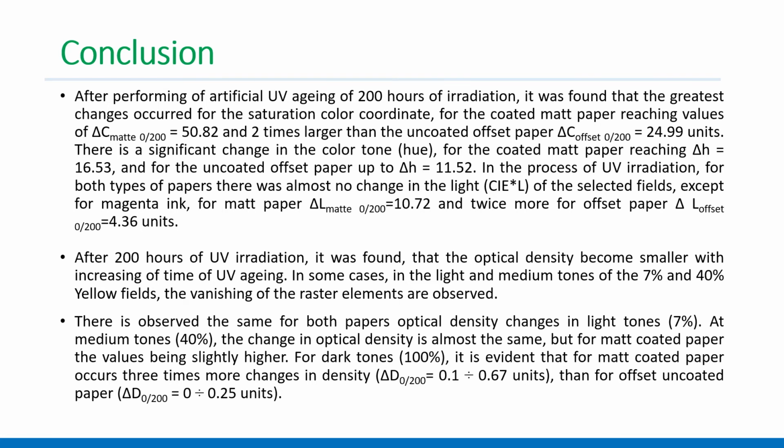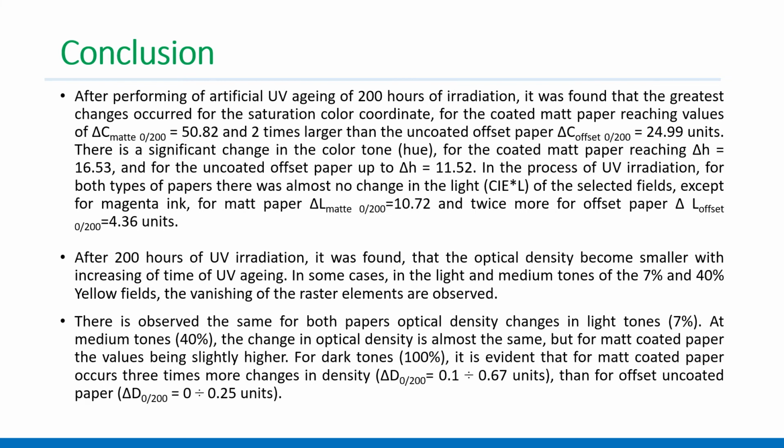This is a very big difference. And we observed 2 times larger differences for matte paper compared with uncoated offset paper. You can see for offset paper the difference in chroma coordinate is about 25 units. This again is very serious, but in matte paper, of course, logically the difference in chroma is biggest.